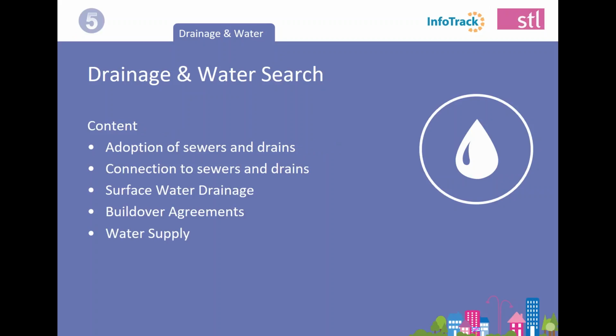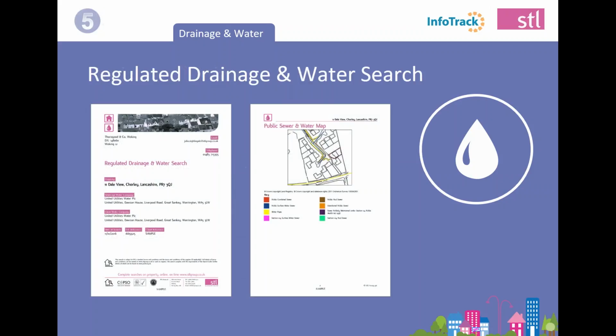Also things like, is there a public sewer running through the property? The private drainage searches are good if you've got somebody who wants to reduce their cost, and to use that in conjunction with the answers on the TA6 is what some solicitors go for. There's just a copy of the search there.